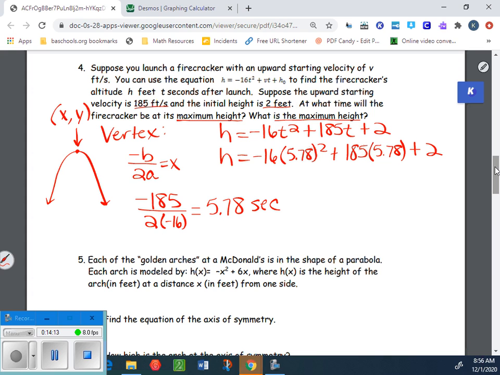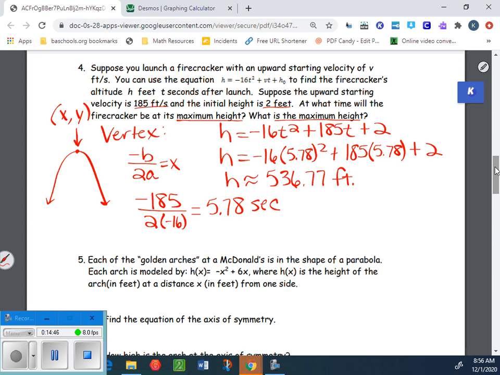So we're just going to type that into the calculator as well. -16 times 5.78 squared plus 185 times 5.78 plus 2. And the height is approximately 536.77 feet. So that would be my vertex.